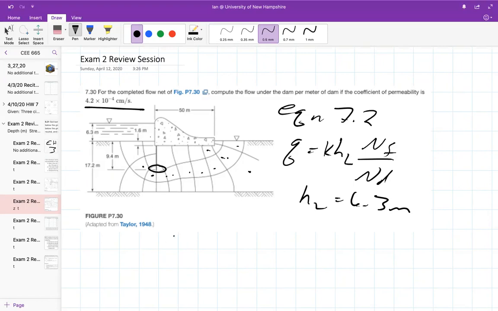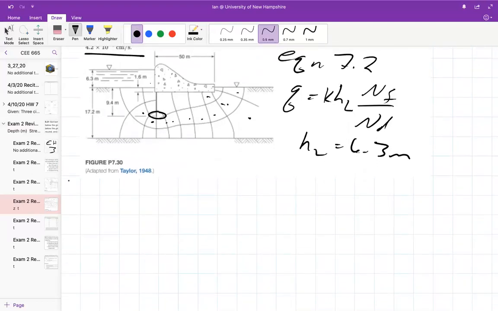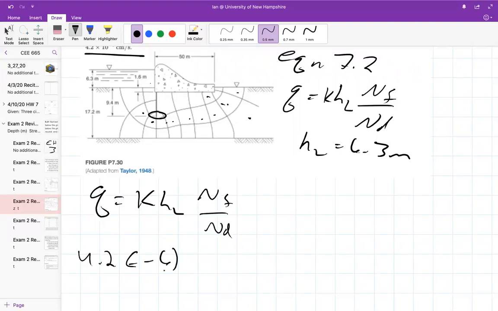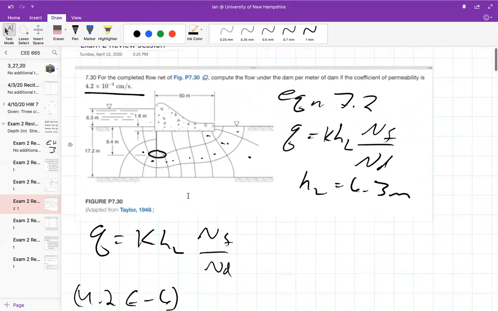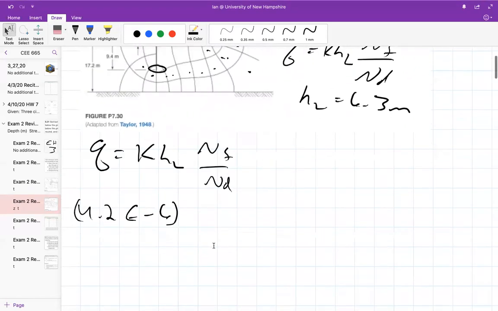Now we've got everything for our equation. Let me just scroll down a little bit. So Q equals K, HL, NF, and D. I'm just going to plug and chug. We got 4.2 e to the negative 6, which I'm sure is given in centimeters per second, but we just want to be consistent with metric units, so we say meters per second, because the coefficient of permeability is just a parameter of velocity.